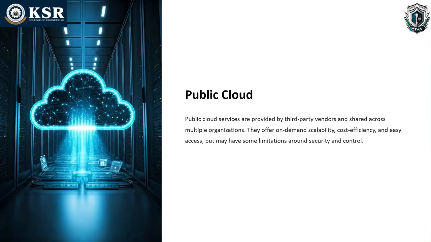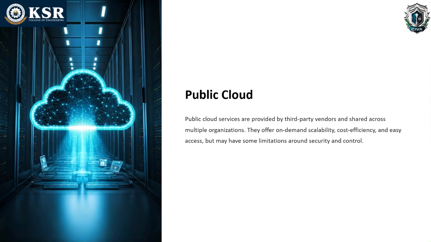Public cloud. In a public cloud, the services are provided by third-party vendors like AWS, Microsoft Azure, or Google Cloud. These resources are shared across multiple organizations, offering scalability, cost efficiency, and easy access. However, the downside is limited control and customization, and there may be security concerns for sensitive data.